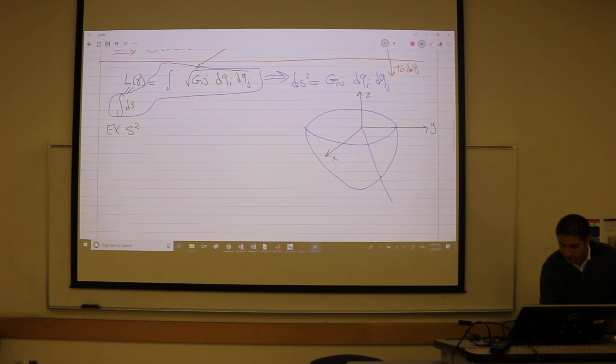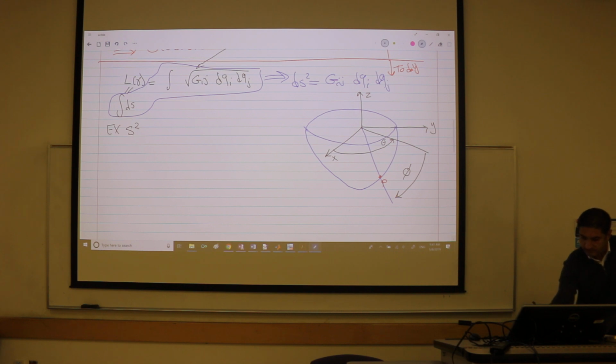This is a point on the sphere, P. We have this angle theta, this angle phi, as we said before, and we can write the coordinates x, y, z.